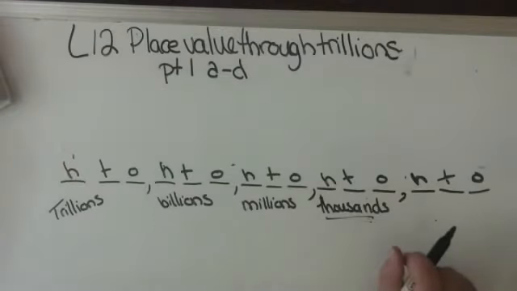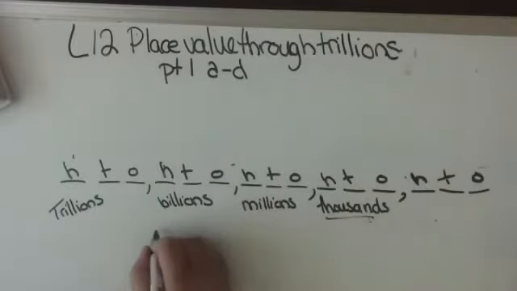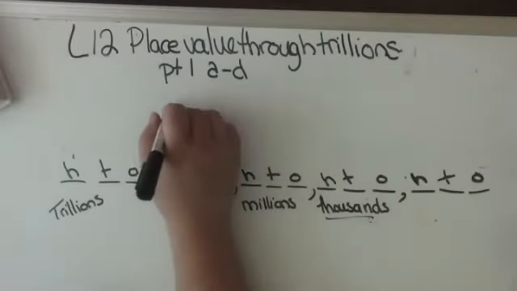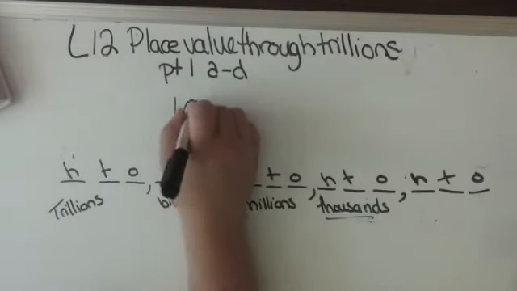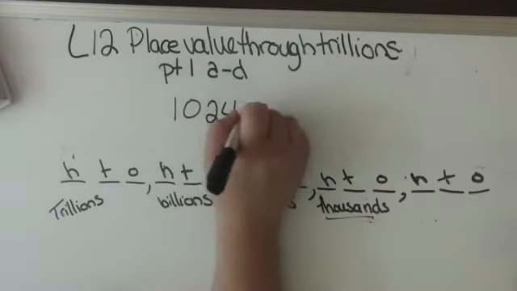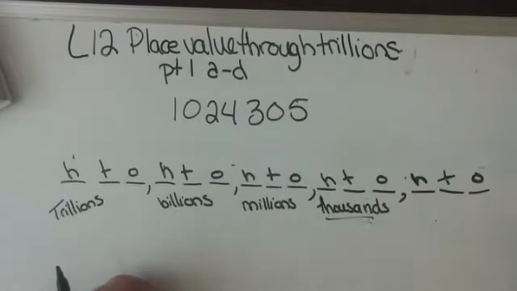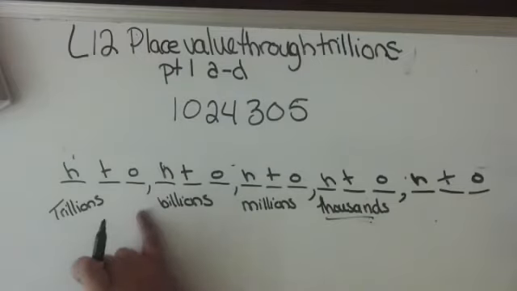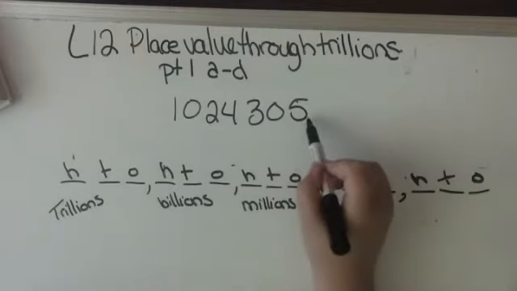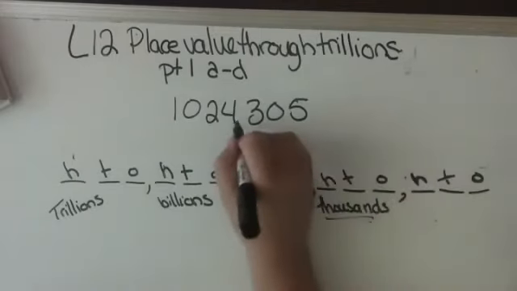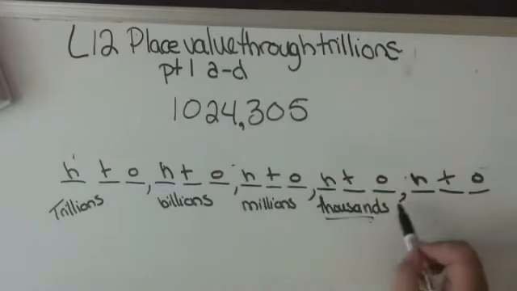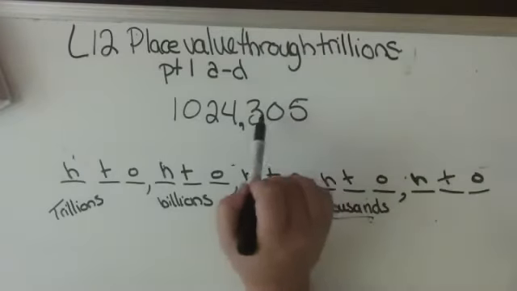Let's take a look at a number. If we have this number, the first thing we need to do is insert our commas, because our commas are the things that tell us what we need to say. So start from the back, count up. 1, 2, 3, comma. 1, 2, 3, comma. 1, 2, 3, comma.